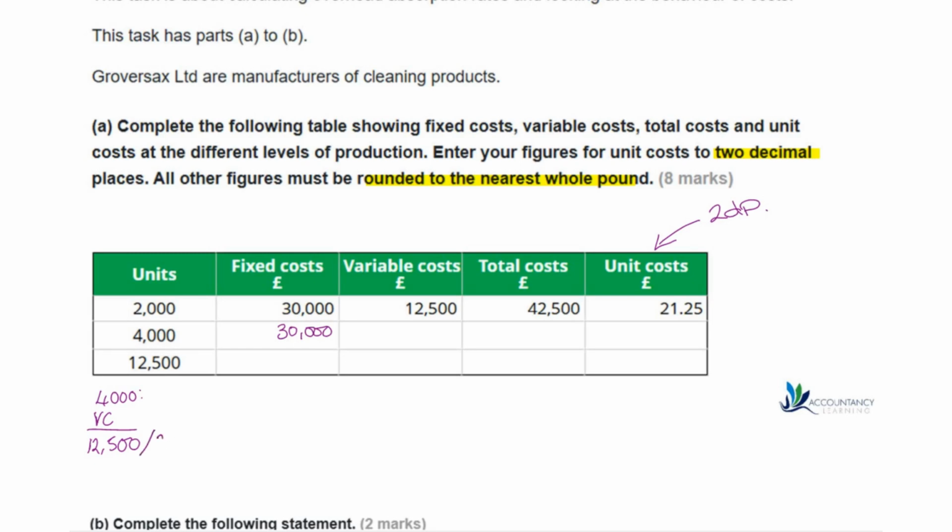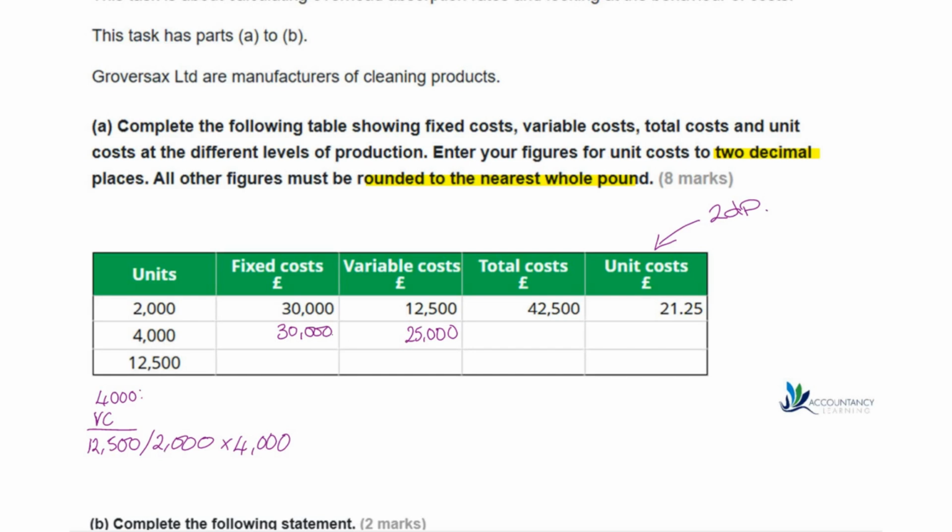We'll divide that by 2,000 units, which will give us a per unit variable cost, and then multiply it by our new quantity, 4,000, to give us a £25,000 total cost. So we're not given the per unit variable cost, so we need to work it out by the information we're given in the question.